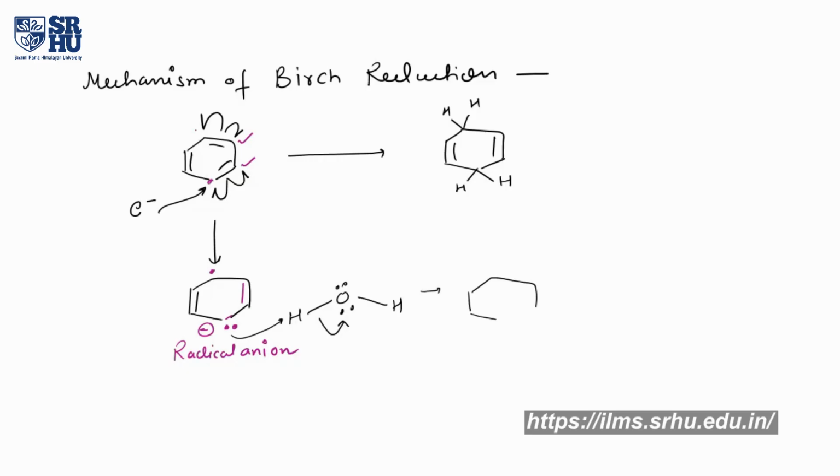And now you can see that a proton is accepted. You must not forget that from the beginning there is always a proton lying here. This extra proton arrives at the first place.